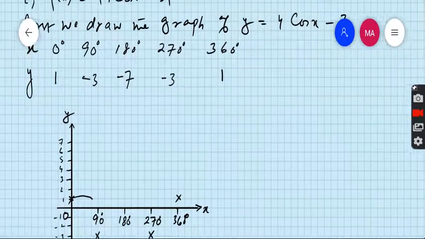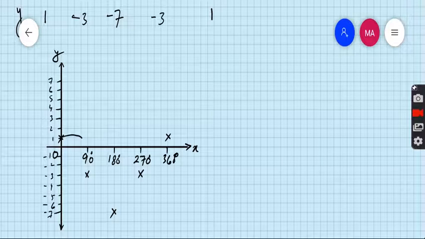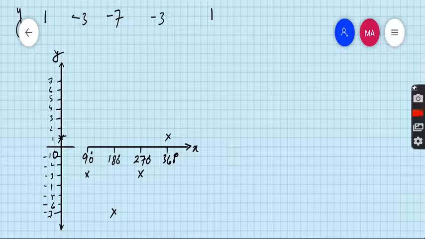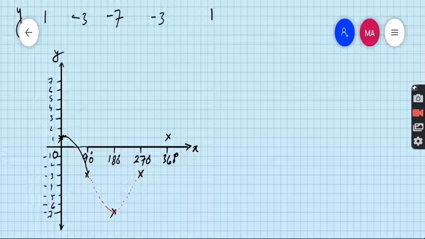Yes, 4 cos x minus 3. This should be a dotted part. This should also be a dotted part.